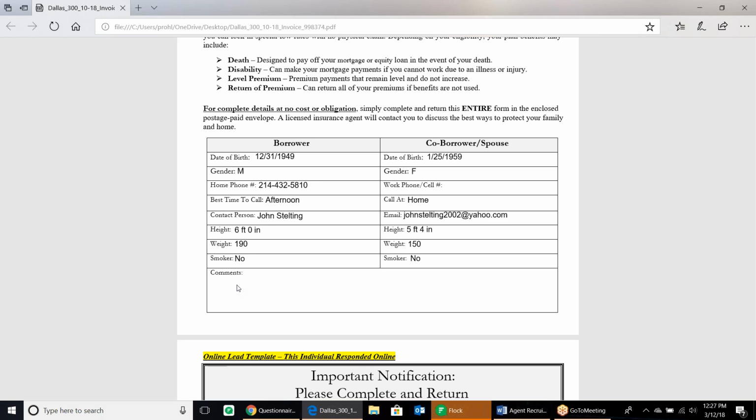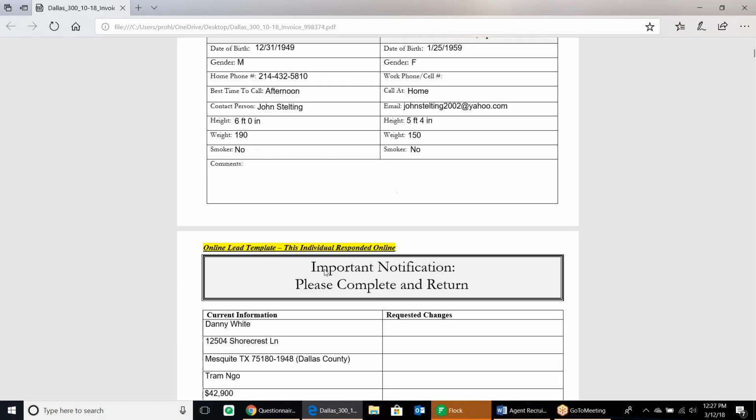They're still going to have to cover all of that outstanding debt, and a final expense plan can handle some of those unexpected out-of-pocket expenses if one of their loved ones passed away. So it's very important to know with people that are older.